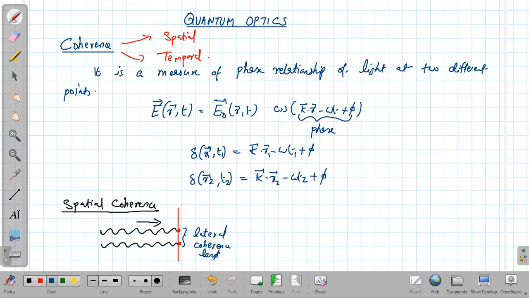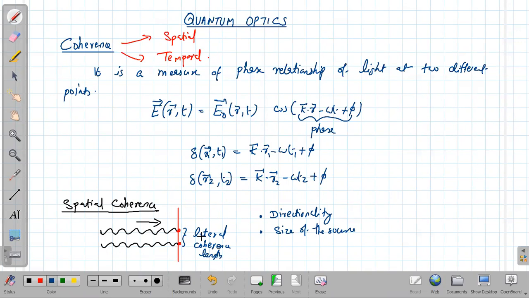Up to the lateral coherence length, the wavefront will remain flat. Now the spatial coherence decides the directionality of light, and it depends upon the size of the source. These are the two factors related to spatial coherence.